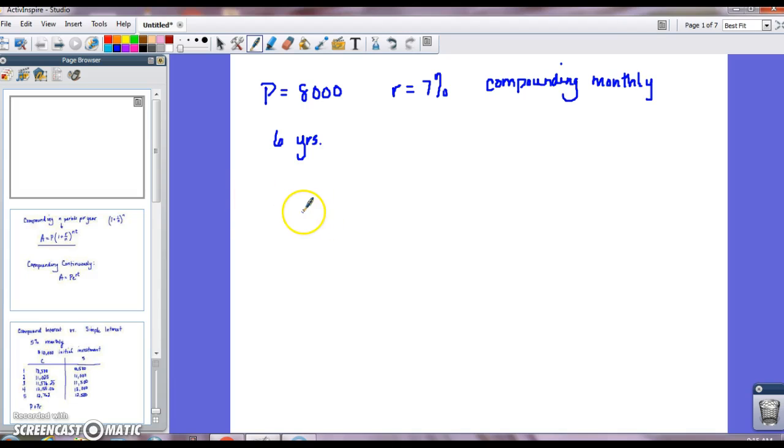Okay, so let's start with compounding monthly. We're going to use our formula. A is equal to P times 1 plus R over N to the NT. And so if we plug in 8,000 for P, and then we have 1 plus, our interest rate is 7%.